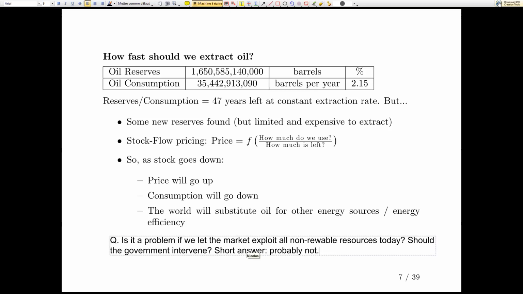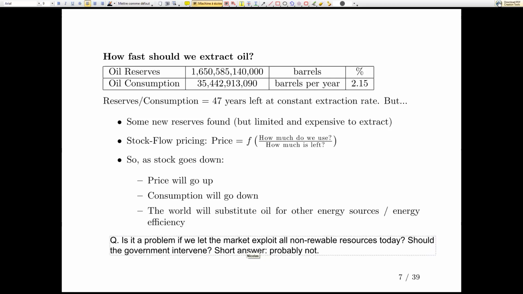Well, if we anticipate that oil is going to be crazy useful in the future, then I wouldn't be the only one to do that. Everybody would want to do that. And so in a sense, everybody would want to buy oil today. So the price of oil today would go up. My point is that all of the expected future use of oil is already factored in the price today.